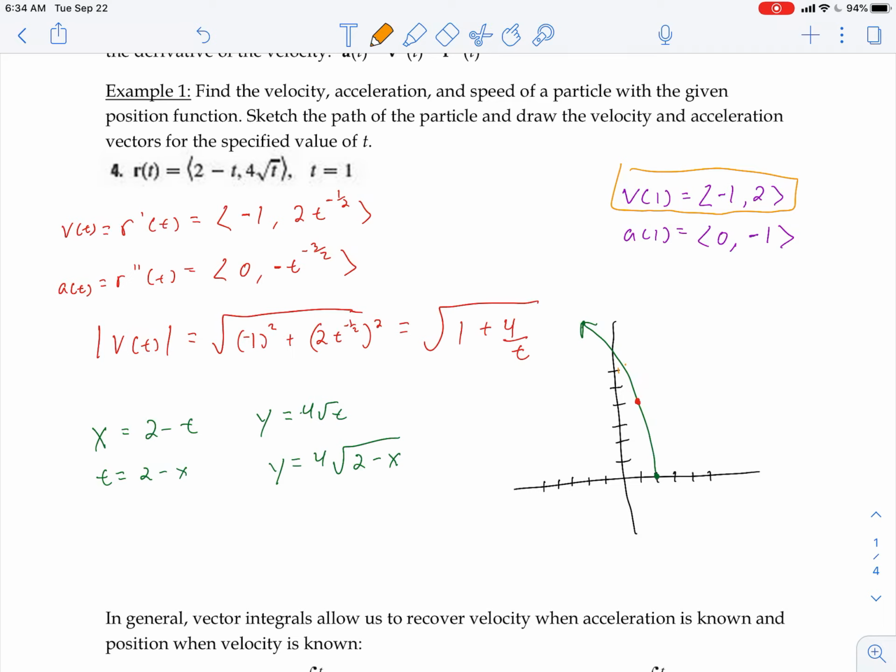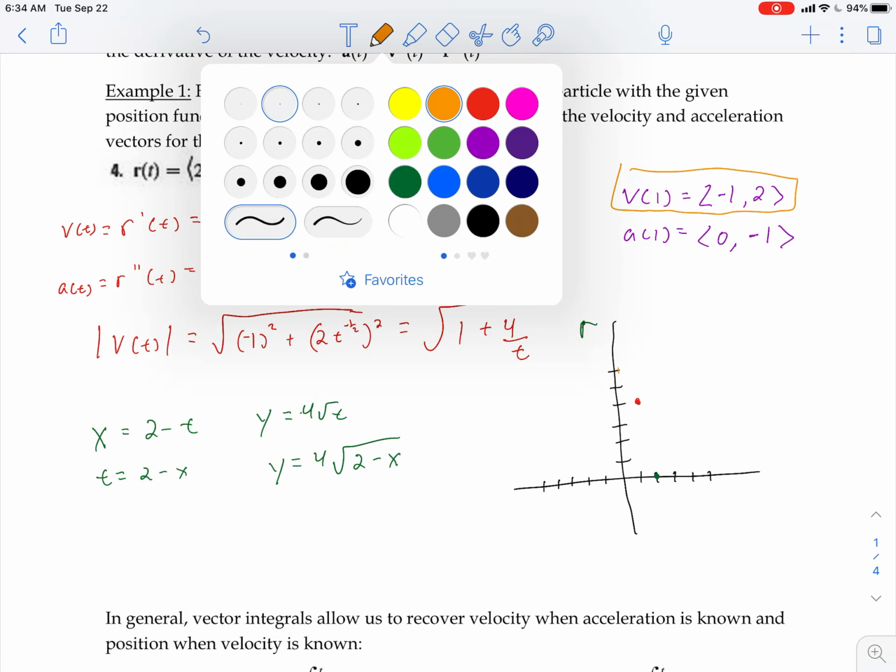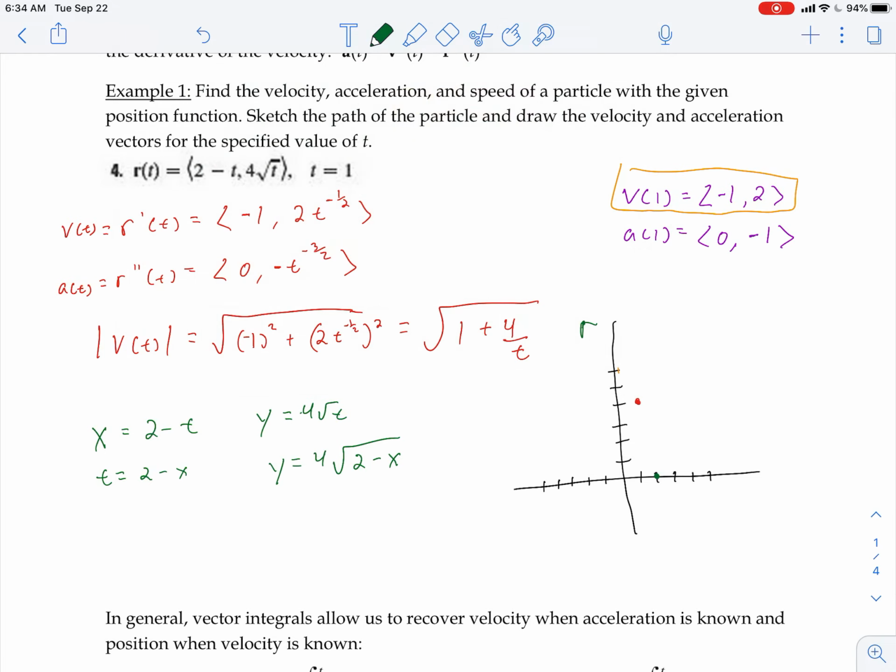Right, so this is not the best. Let me try to draw it a little bit better, because it should be on the outside.